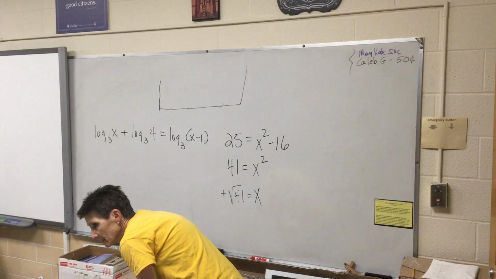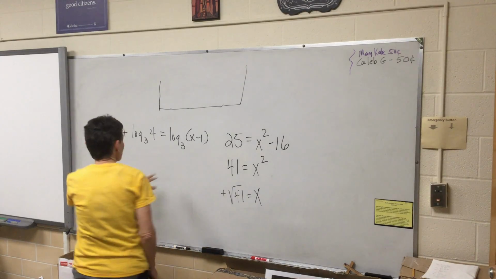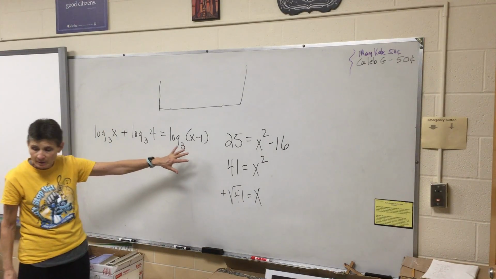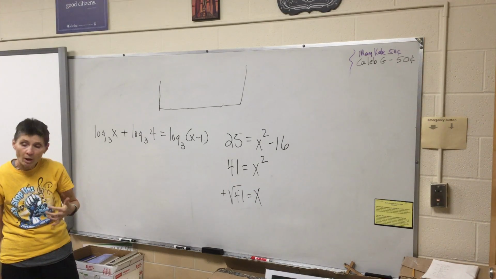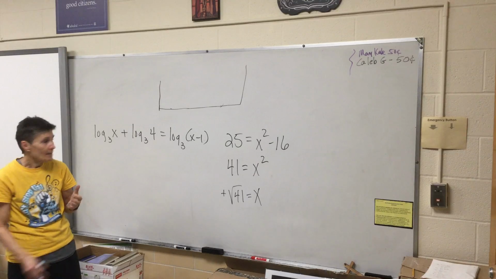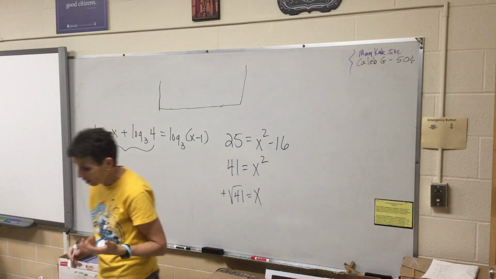Wow, this has a lot of logarithms in it. This one doesn't bother me because the rule says I can have one on each side. This bothers me because there's two on the same side.